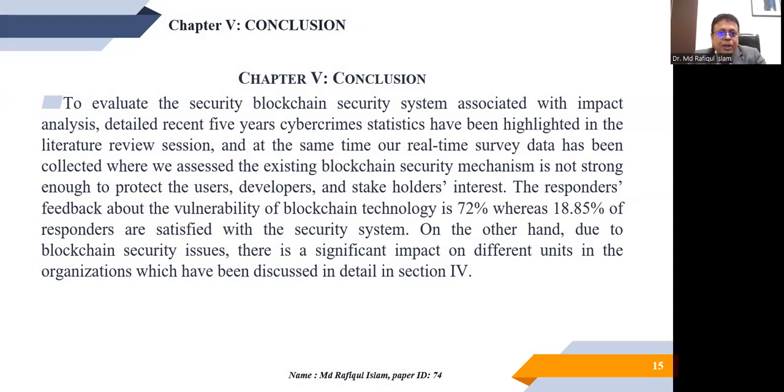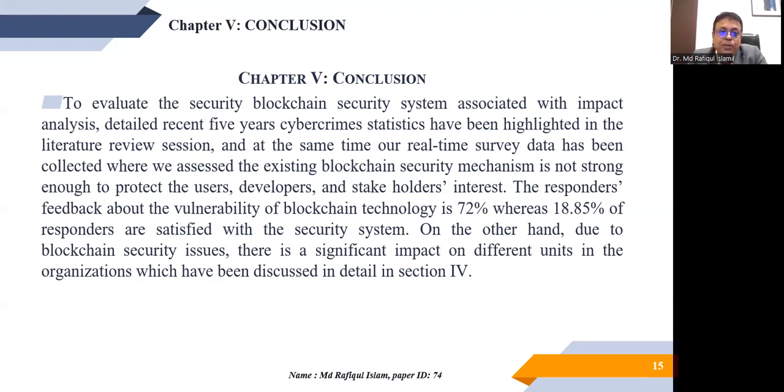Finally, to evaluate the security system associated with the impact analysis, we highlighted the five years of crime in our literature review section, together with real survey data. Based on this, we strongly recommend, and we assess, that existing blockchain security is not good enough to protect the interests of users, developers, and stakeholders.